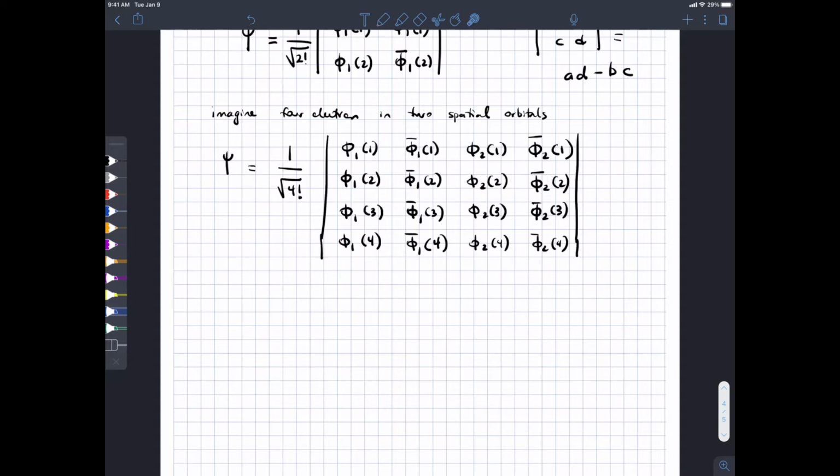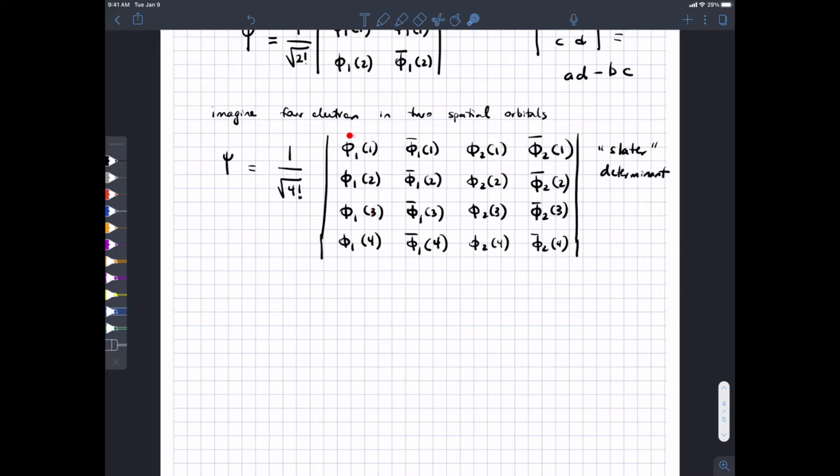So we'll just write it like this, okay? We're not going to worry about expanding out this determinant, but this is another example of a Slater determinant which obeys the antisymmetry principle.